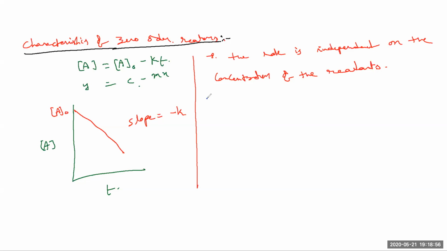Catalytic reactions are zero order reactions. Okay. Now observe this curve for zero order reactions, how it is.